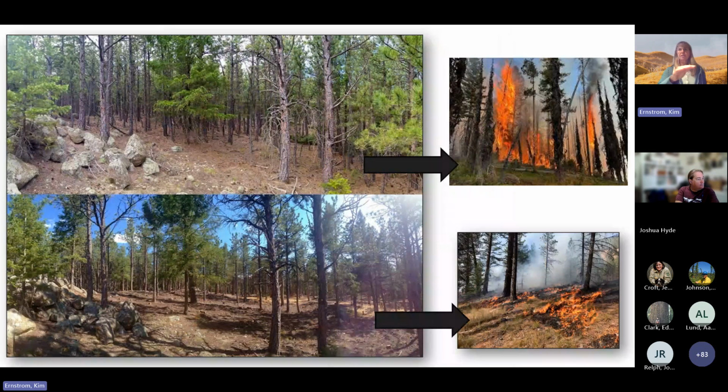Here's our situation on the top. I don't want that situation. I want fire behavior that's more like this on the bottom. So what am I going to do? What is my fuels treatment prescription going to look like in order to change that fire behavior? And then how would I write some rules in IFTDSS to reflect that so I can model it and then put that into some of my treatment reports and stuff?